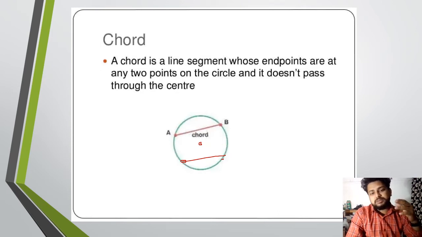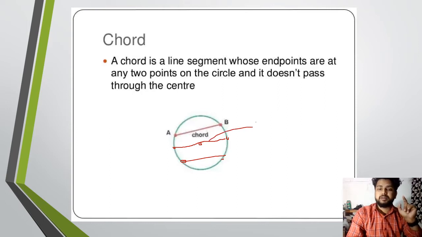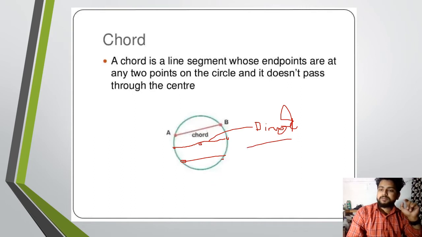And when we take this point and this point, and the line passes through the center, then it's not a chord. Remember, it becomes a diameter. What's a diameter? A line passing through the center.